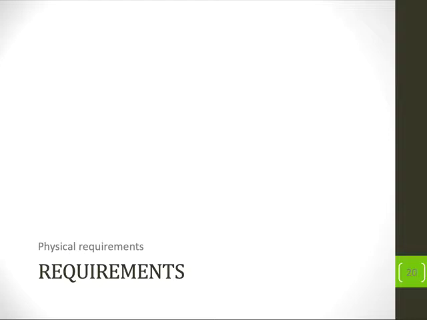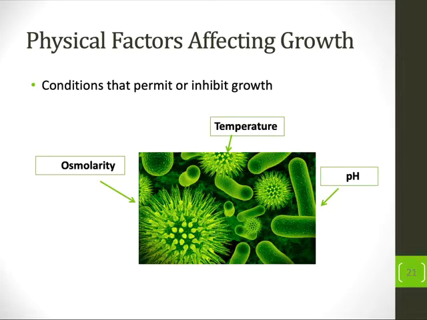What then do these microorganisms require for growth? We've seen their general characteristics. We've seen the tools that they have in terms of the enzymes that they're able to produce or not, and the different conditions that they can survive. Now, for physical factors that affect microbial growth, you have osmolarity, temperature, and pH.